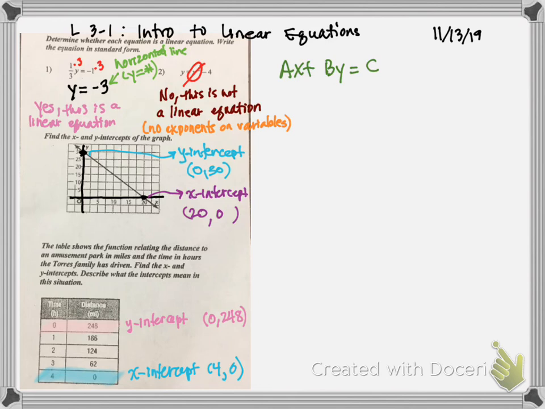Now, that only did part of it. The second part is to describe what they mean. So let's start with the x-intercept. What does it mean when time is 4 and distance is 0? What does that mean in the situation that was given in this problem? They reached their destination, but it took 4 hours.